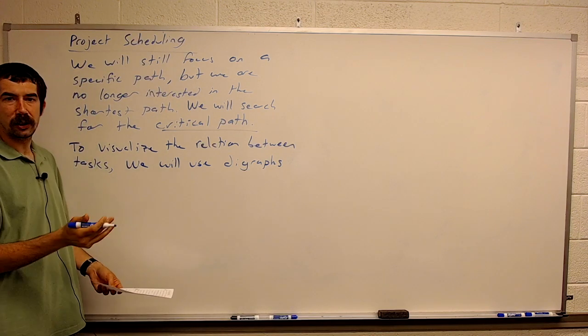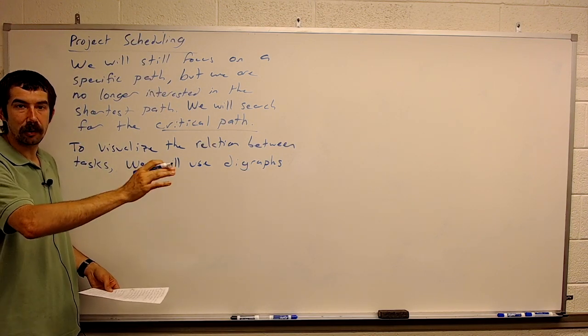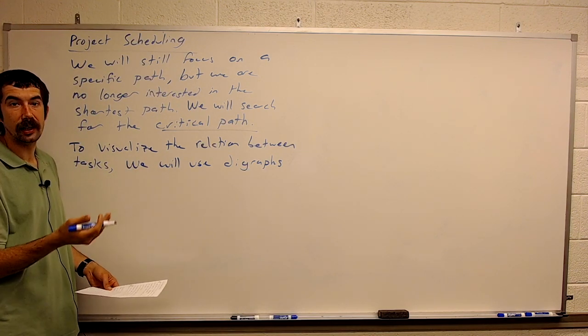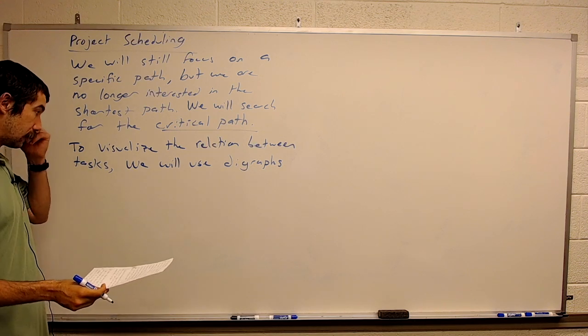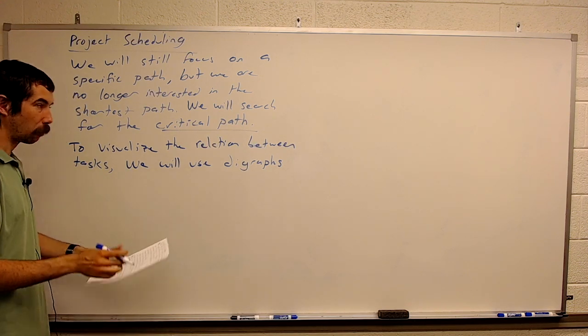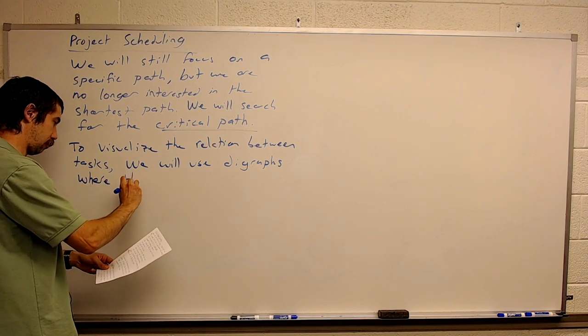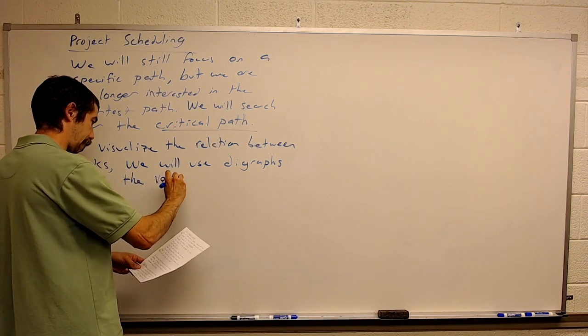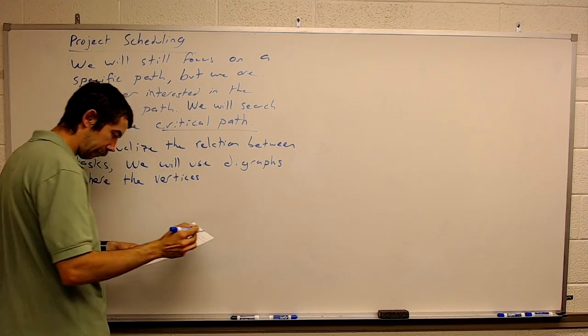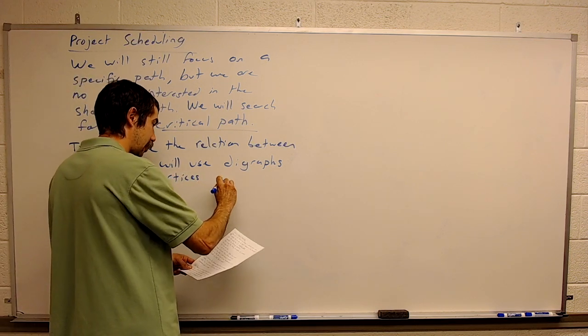Remember, a directed graph is just like a graph, but we have little arrows or arcs instead of edges. So we will use directed graphs where the vertices are the tasks.